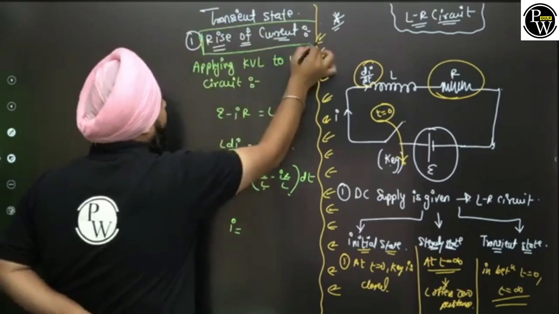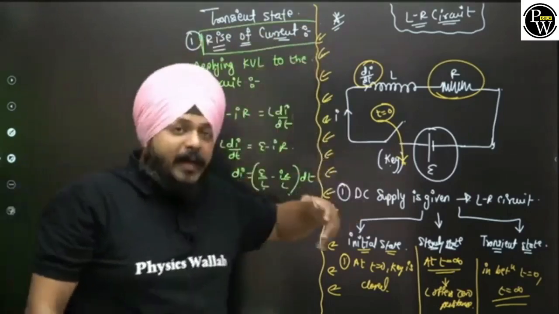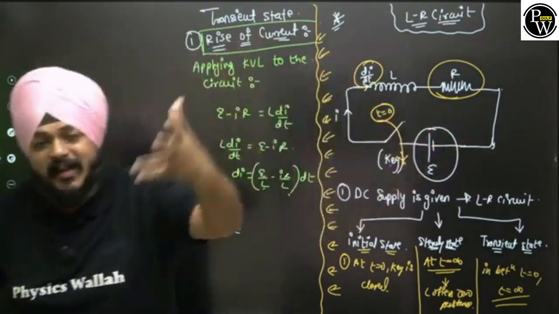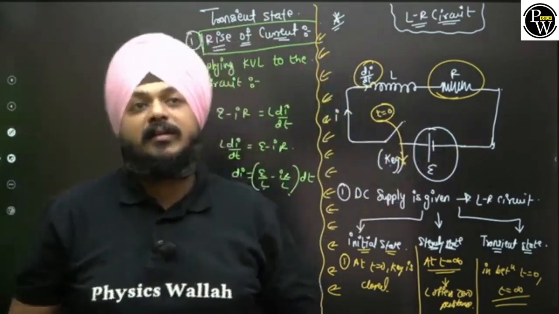What would be the mathematical expression to represent the rise of the current in the LR circuit?